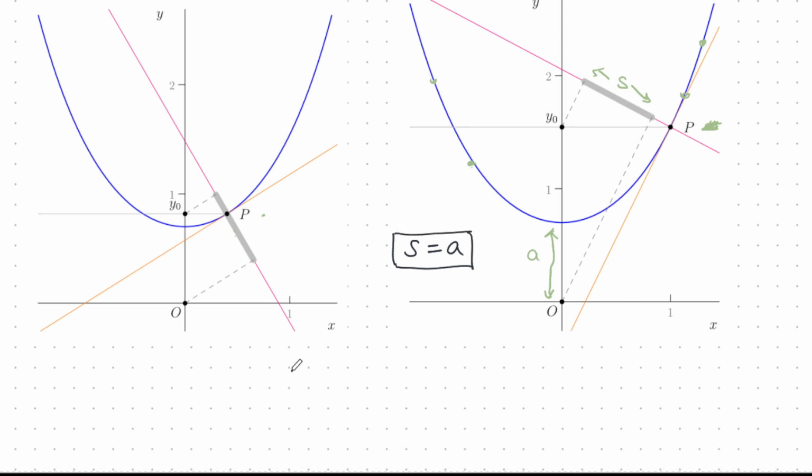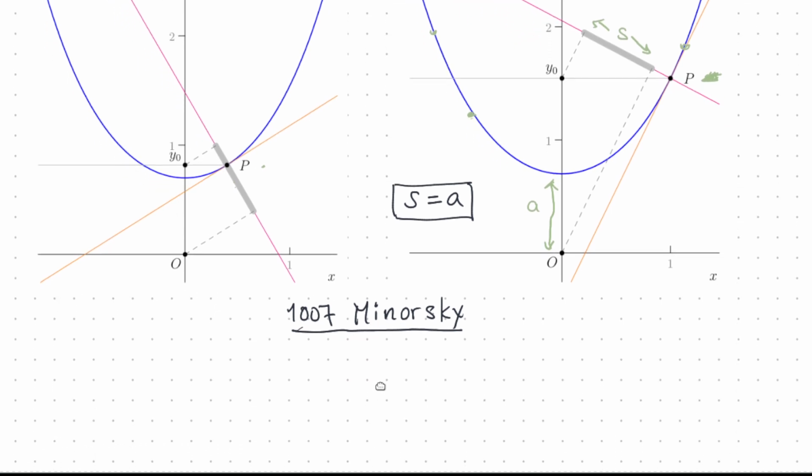So this was problem 1007. Well, it's based on problem 1007 from the fantastic book by Minorsky. This is one of the best math books ever. If you want a really good math book, get Minorsky.